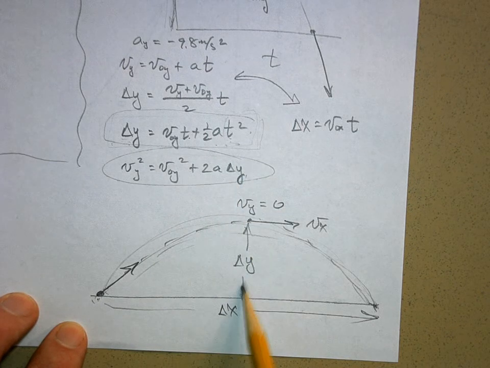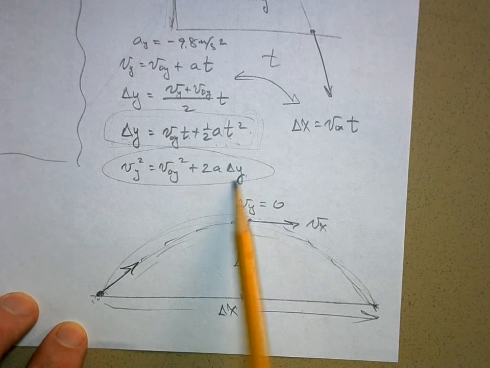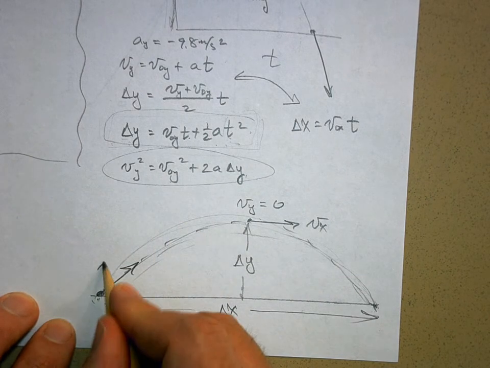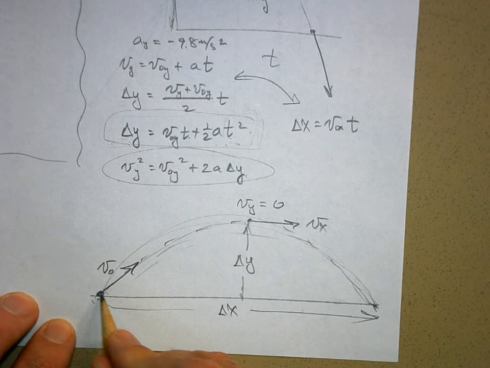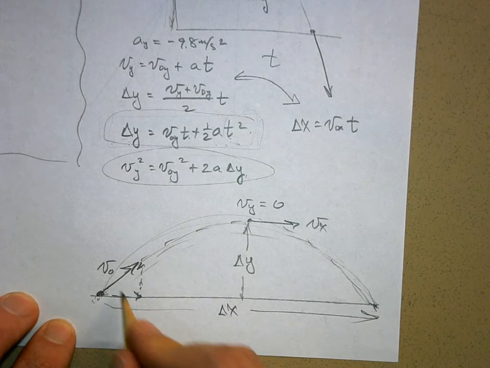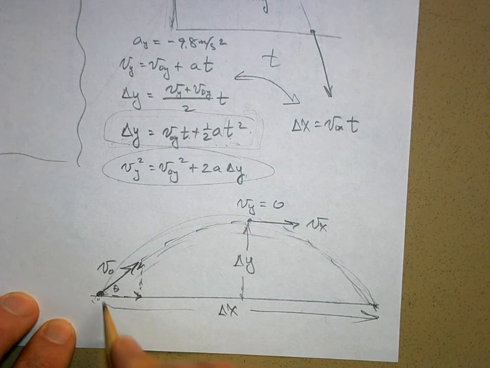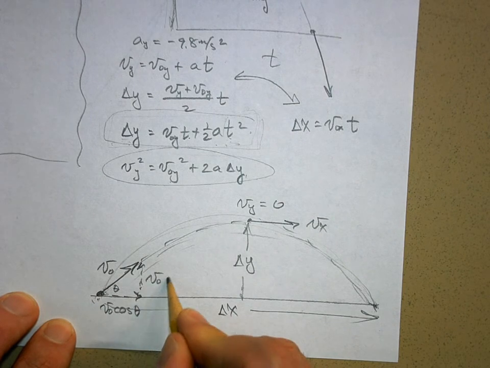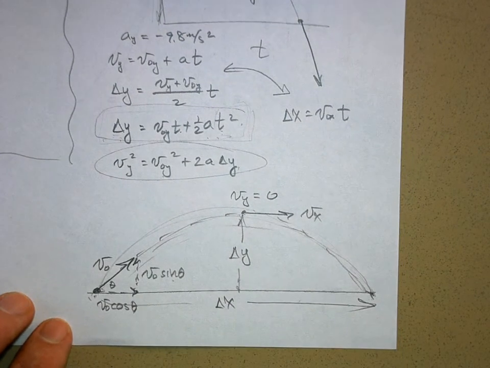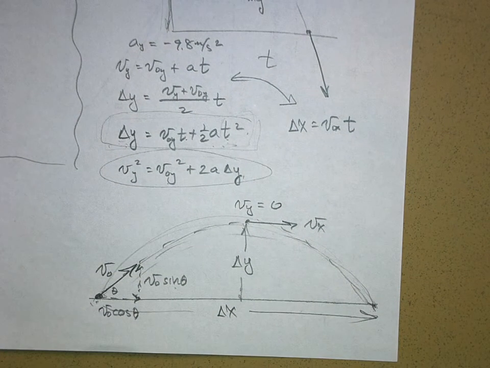What is the maximum height? Just solve for delta y from this equation. You know what v naught y is, right? Because look, here's v naught. Now I have to give you the launch angle, theta. So this is v naught cosine theta, and this is v naught sine theta, where theta here is the launching angle. And that will allow you to solve the projectile motion problem.